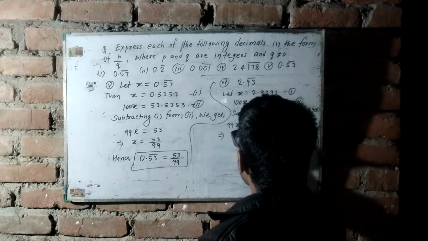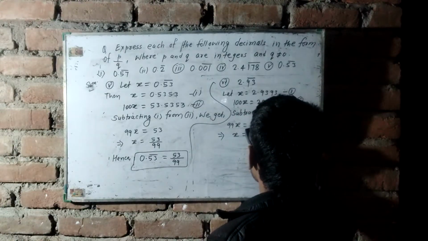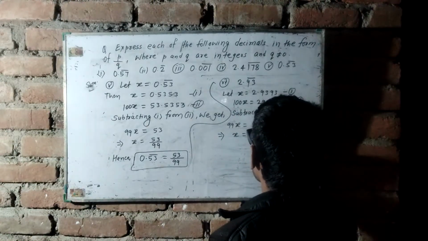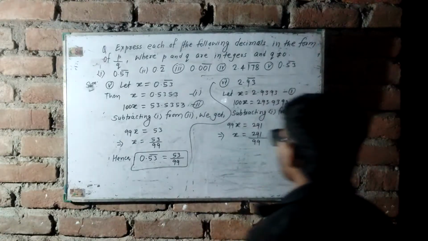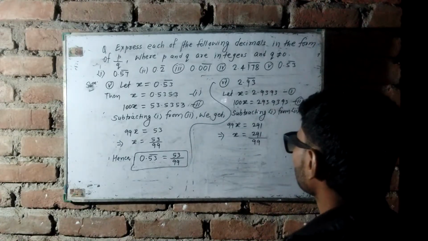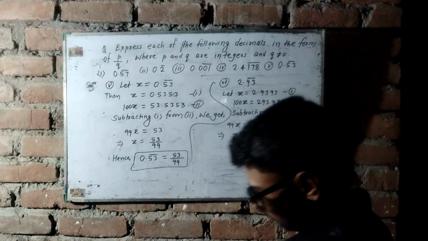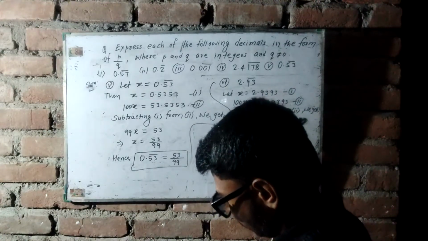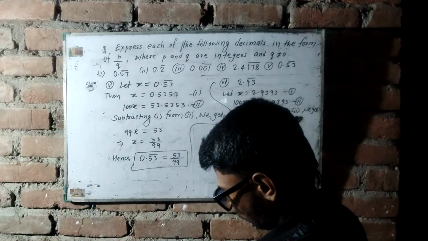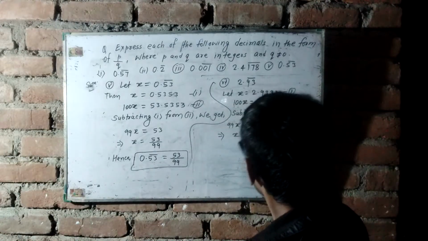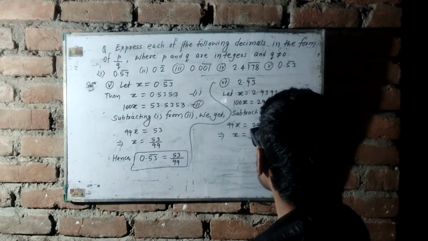This implies that x is equal to 291 upon 99. Okay. Am I right?